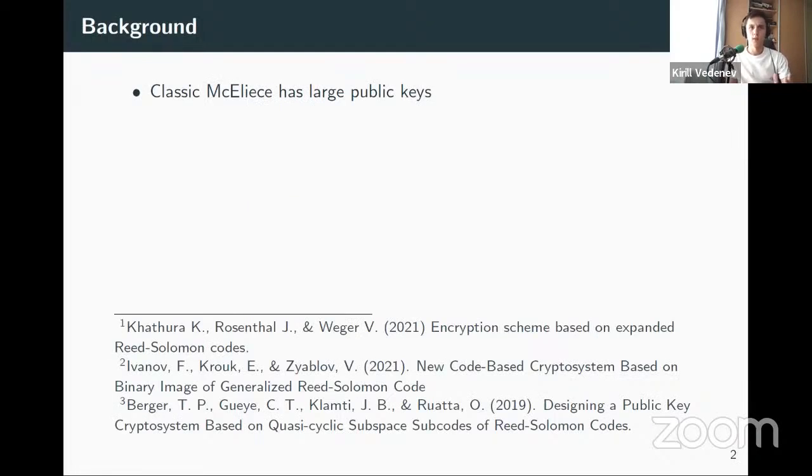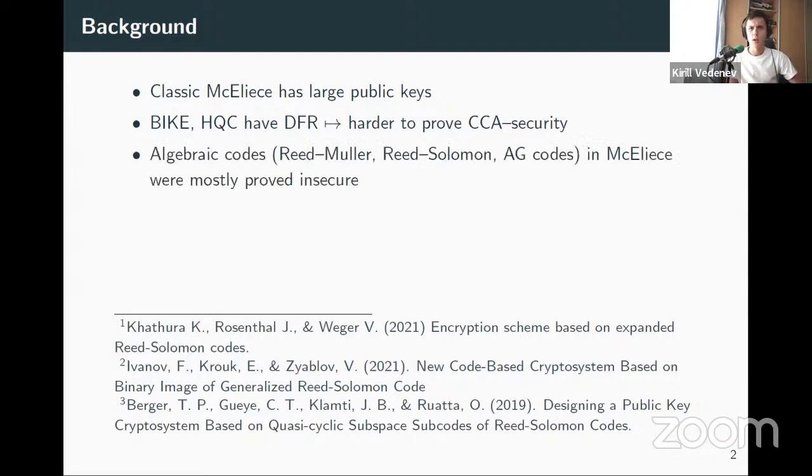Let's see what the background is. Classic McEliece has large public key sizes. BIKE and HQC, other finalists of NIST PQC, have some decoding failure rate, so it's harder to prove CCA security. So, in order to overcome large public key sizes and the presence of DFR, there were attempts to use algebraic codes, namely Reed-Muller codes, Reed-Solomon codes, and algebraic geometry codes.